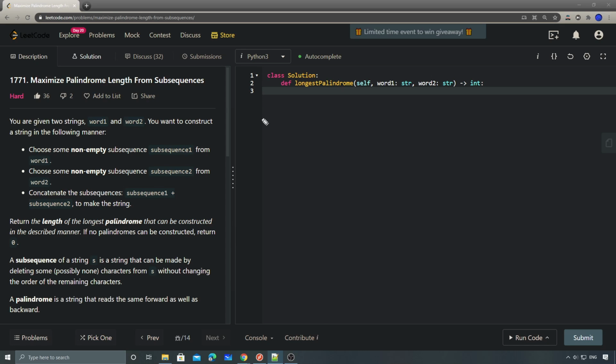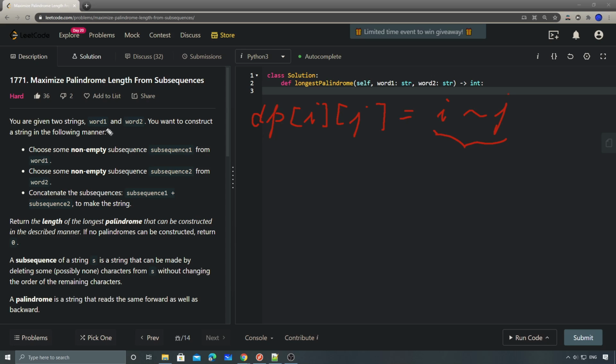Basically, DP[i][j] means that for the string from index i to index j, what is the longest subsequence that is a palindrome, from i to j.